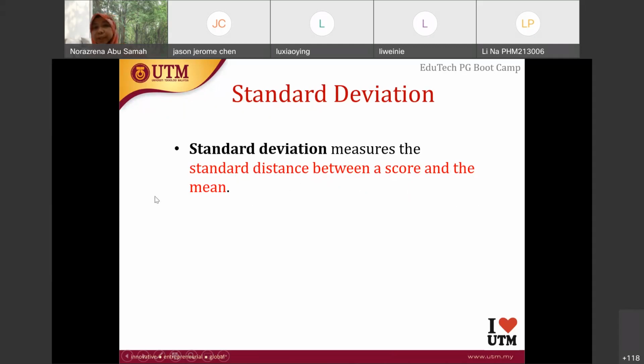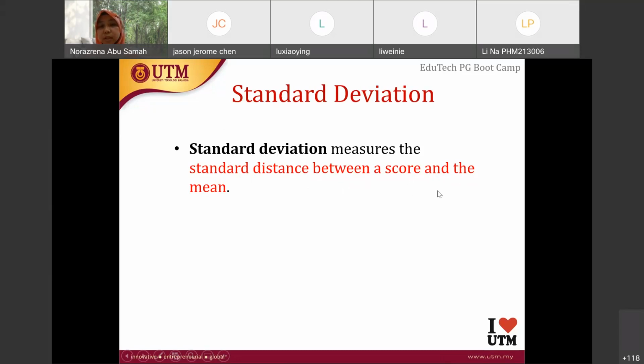So when you get data from SPSS, you will have the standard deviation. If you understand this, you can explain it in your thesis or in your report. So what does the standard deviation mean? It is actually the standard distance between a score and the mean.